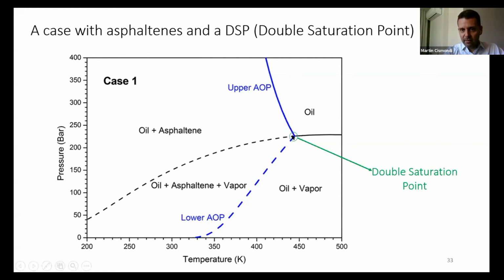But in this case, this is called double saturation point because you have both incipient phases at the same time. And that is why you can move from one phase region into the three-phase region when you enter here through the double saturation point. Then you have oil plus asphalt in here, a two-phase region, and oil plus vapor, a two-phase region here.